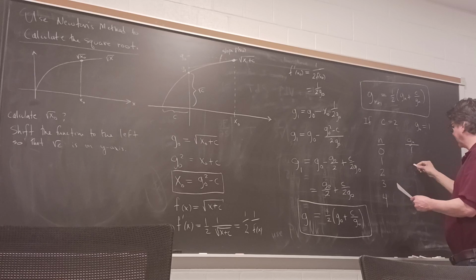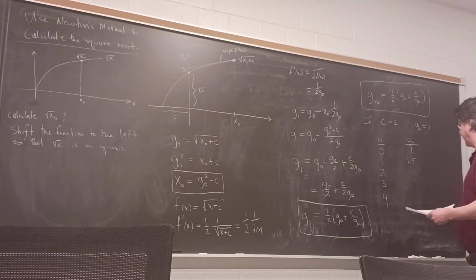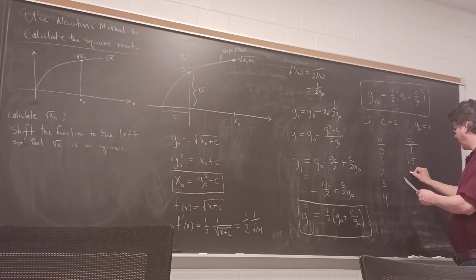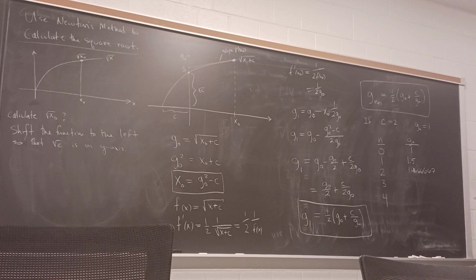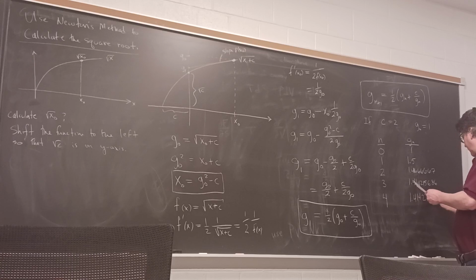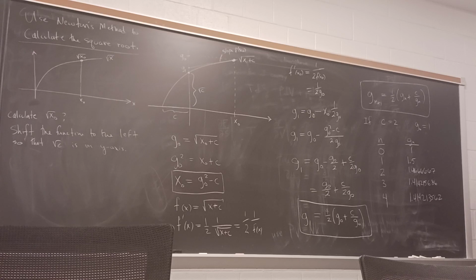After my first iteration, I get 1.5. After my second iteration, I get 1.41666666. The third iteration is 1.4142156686, and then the fourth iteration, I've exhausted my calculators. I think these are all correct up to the 2. So after 4 iterations, you get the square root.